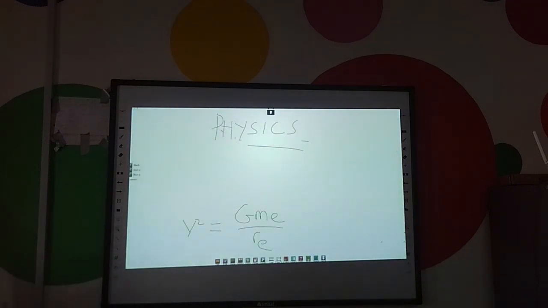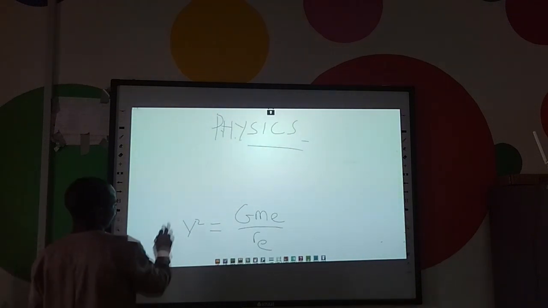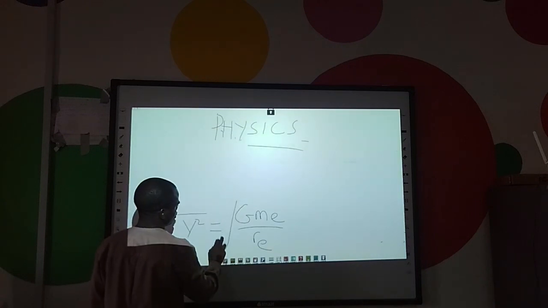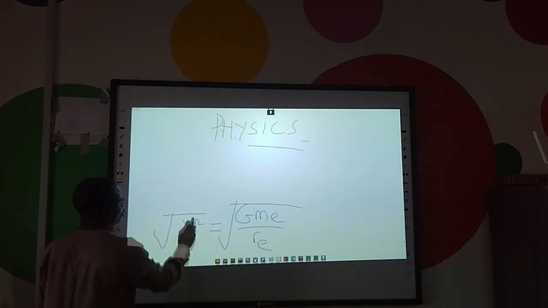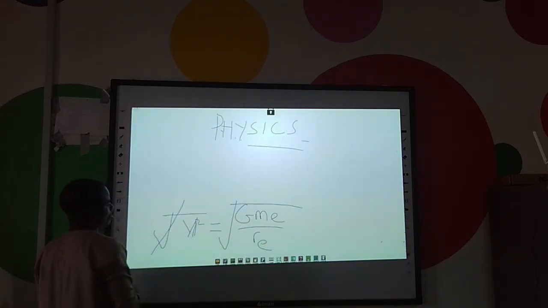From there, we proceed to find the square root of both sides, and the square root cancels the square.